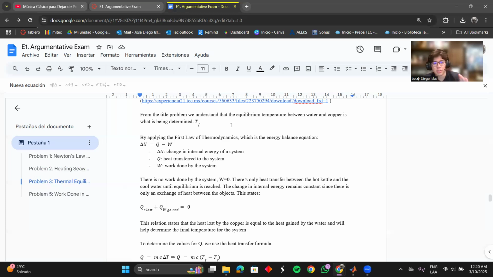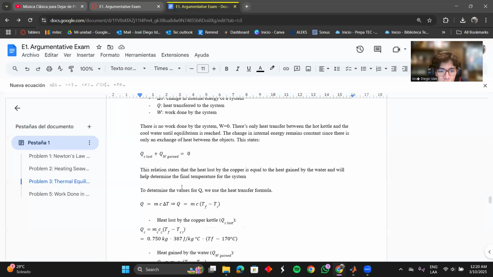So we know that the heat that one thing lost is equal to the energy that the other thing gained. So we just need to find those. We can find those values by that relation, right?